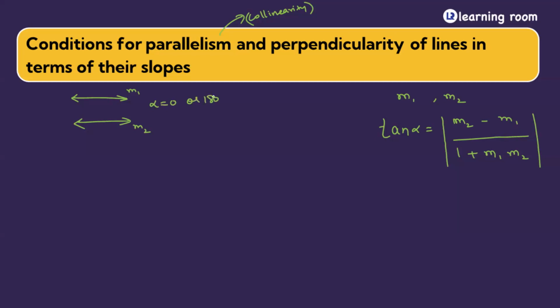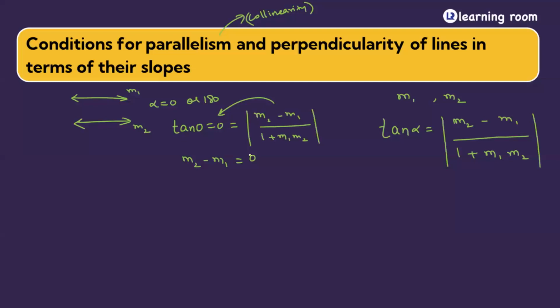So what is tan 0? Tan 0 is going to be 0. In the place of alpha, I substituted 0 and I got 0. But what is the formula for tan alpha? It is (m2 minus m1) divided by (1 plus m1 m2). So if this is 0, then m2 minus m1 is equal to 0.